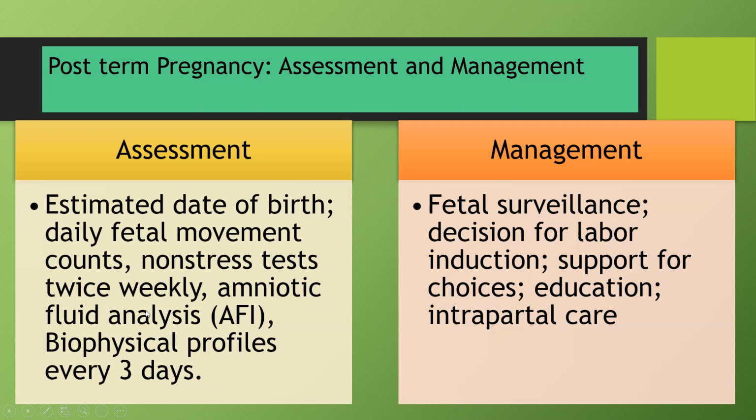Obviously, if it becomes a condition where it's going to be better for the baby to be on the outside than on the inside, then we can make steps to help that labor along. You don't find that often with our current medical model of care. With midwifery care, you will see that more often.